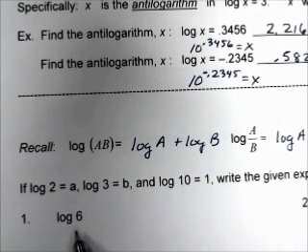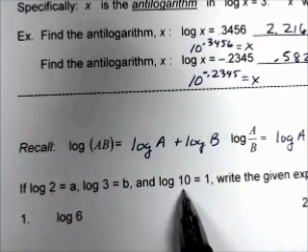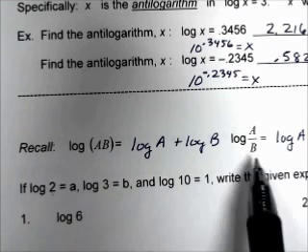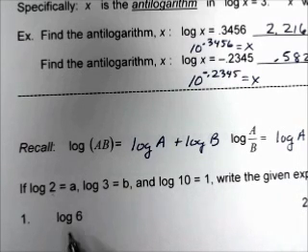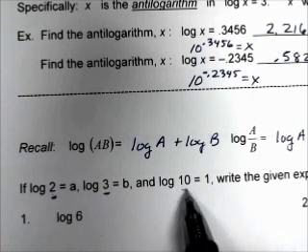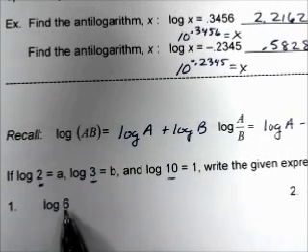We need to use the numbers 2, 3, and 10, by multiplying and or dividing and or raising to a power, so that we can get 6. From the numbers 2, 3, and or 10, how can we come up with 6? Well, we can come up with 6 if we multiply 2 times 3.